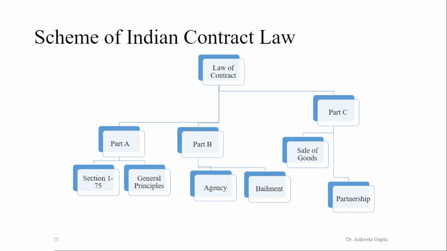A right in rem essentially means a right against the world, but the law of contract is a right in personam. That is, it is a right against each of the persons who are involved in drafting the contract.